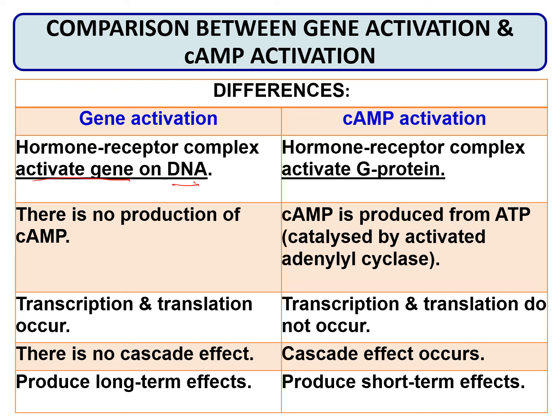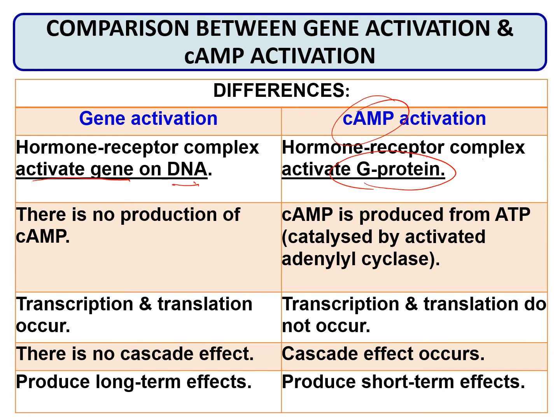Manakala cAMP activation, the hormone receptor complex activate the G protein. So it does not involve the gene. Okay, there is no production of cAMP in gene activation. Well, in cAMP activation, nama pun dah ada cAMP, so it will produce cAMP from ATP.